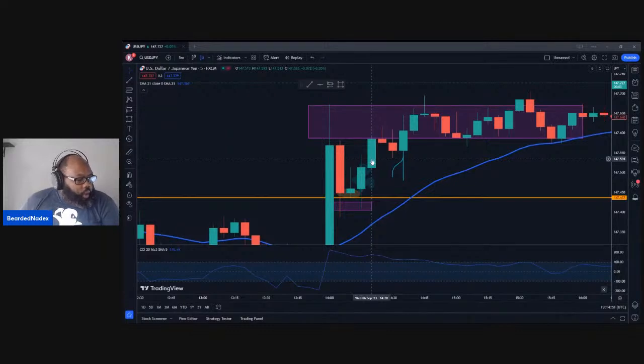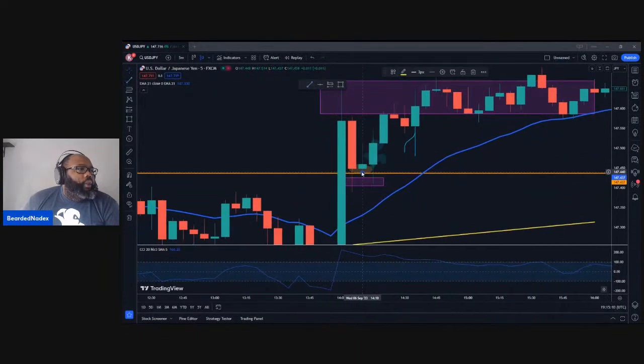So from here, the market shoots up. The reaction to this move was this. So let's get into it real quick. The reaction from this move here, right, to get to this point, and then that same reaction was potentially to here.